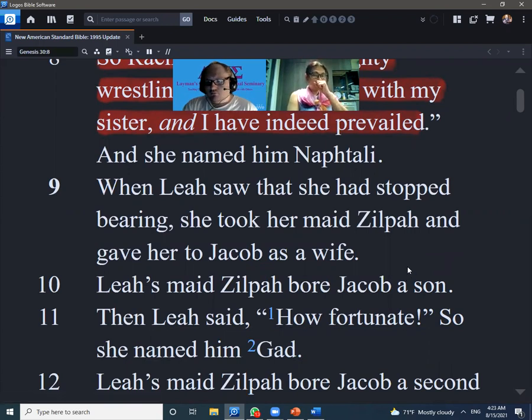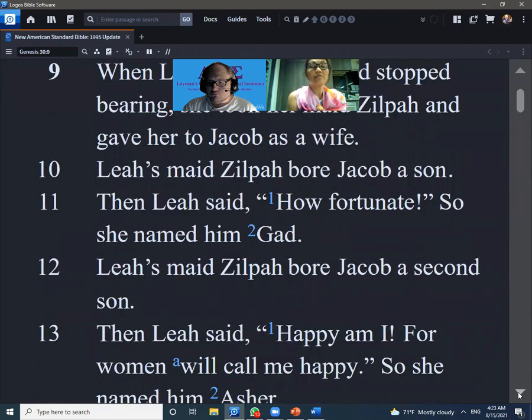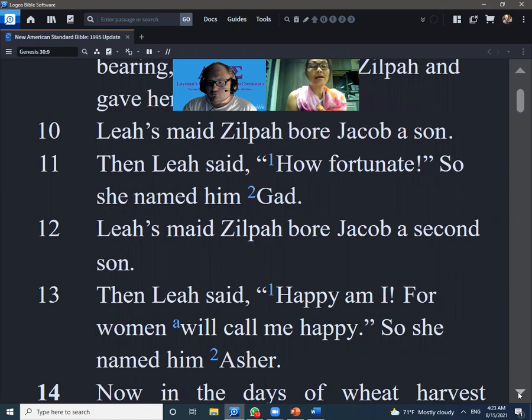And she named him Naphtali. Then Leah saw that she had stopped bearing. She took her maid Zilpah and gave her to Jacob as a wife. Leah's maid Zilpah bore Jacob a son.